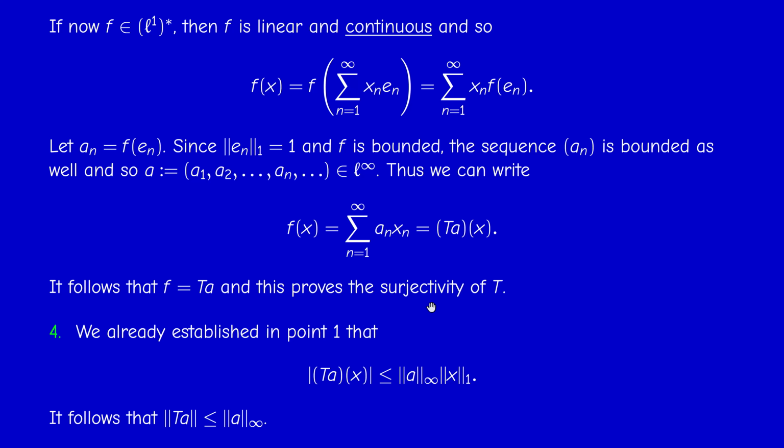So this proves surjectivity. We started with an arbitrary element in the dual of L1, and we found an element in L infinity whose image under T is f. Now, conservation of norms: we already did half of the work.